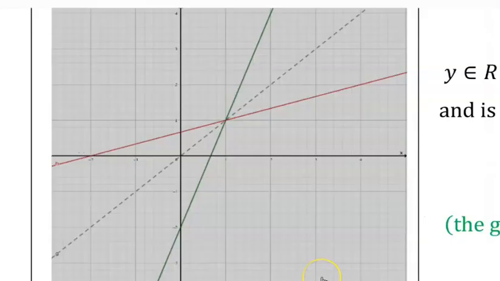So let's look at the graphs. We can see here at this point we have y = −2, or the coordinates (0, −2).